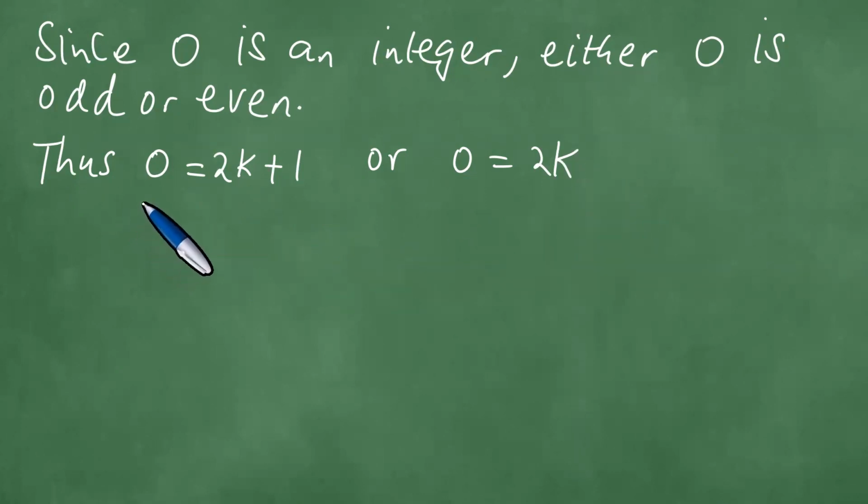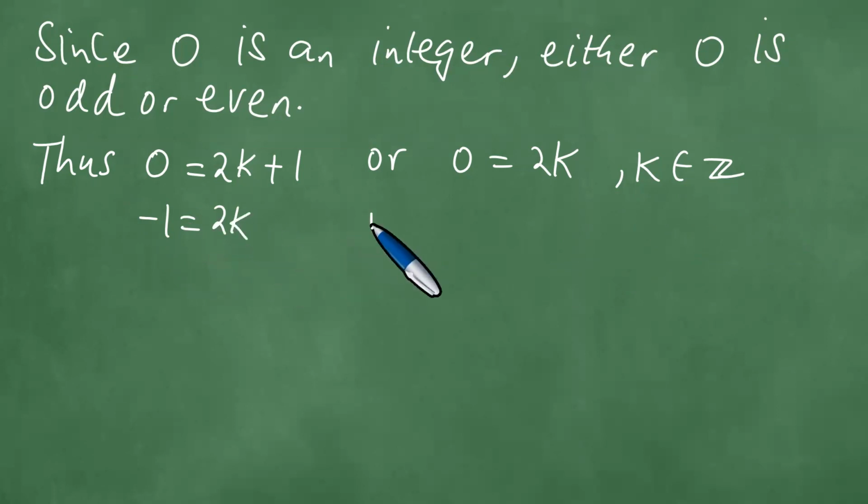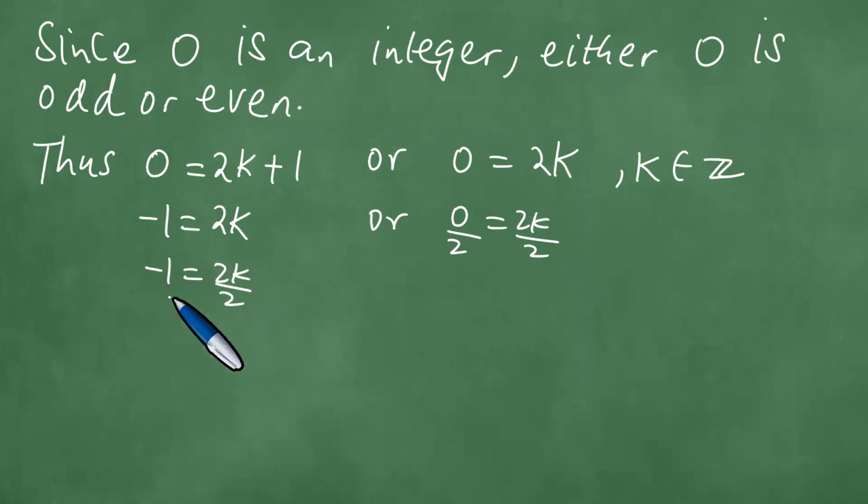Right, so what is this? But we understand that in each case, k is an element of the set of integers. So in the odd case, -1 is 2k. At this point you can write -1 equals 2k, divide the left and the right by 2, meaning -1/2 is k.